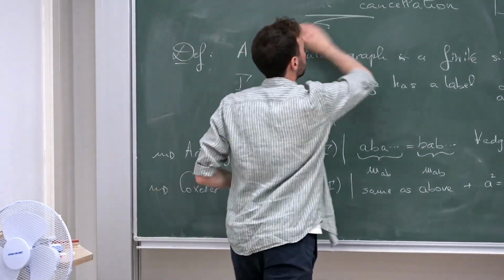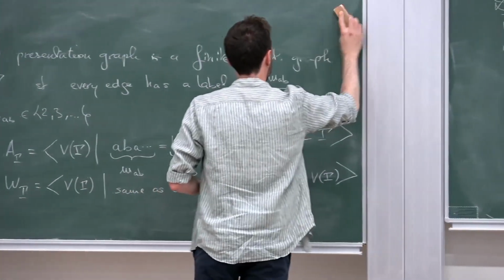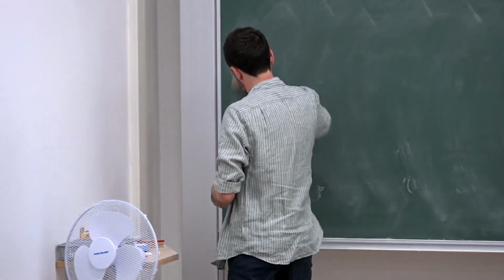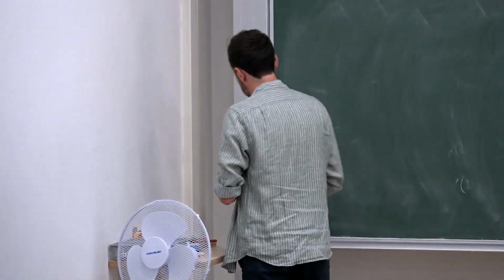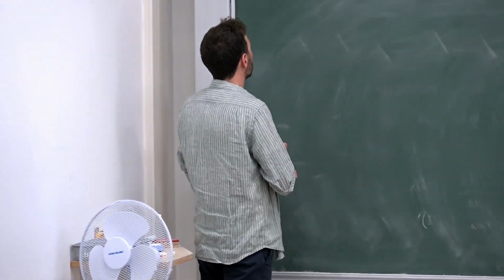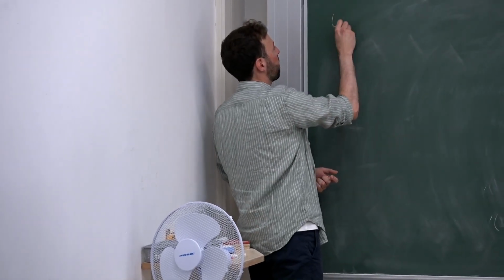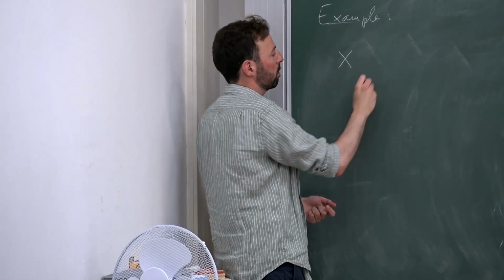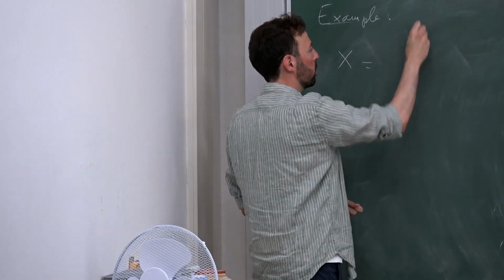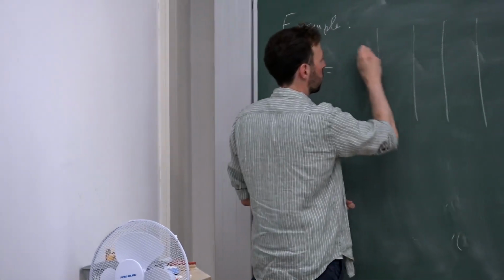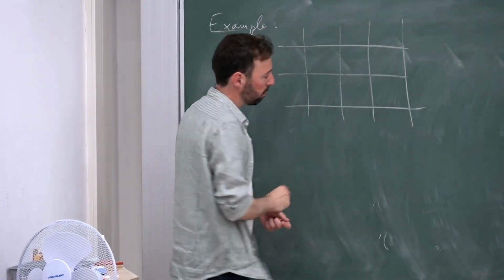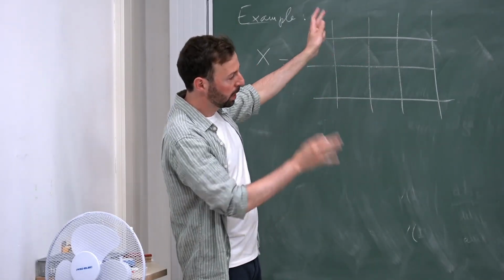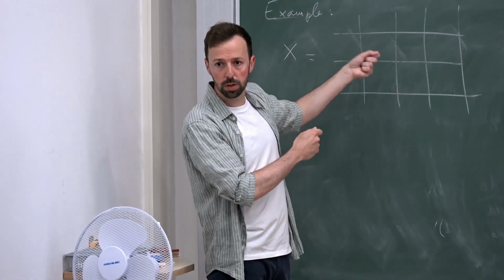So let's have a look at some examples and how walls are constructed. I'm just going to do two examples. First, X is the standard Cayley graph of Z squared, so a square grid. You can think of it as a CAT(0) square complex, and if you take the family of all hyperplanes, as I said earlier, you will reconstruct the original action.